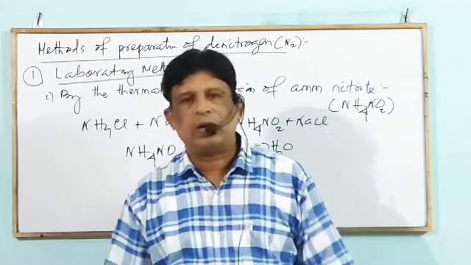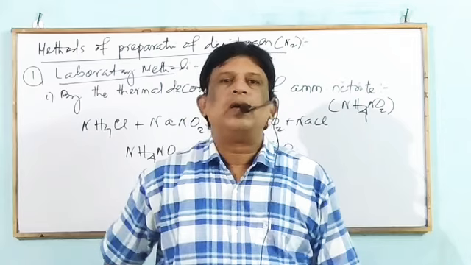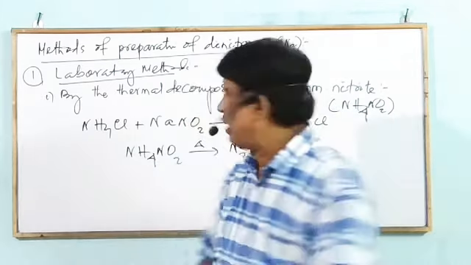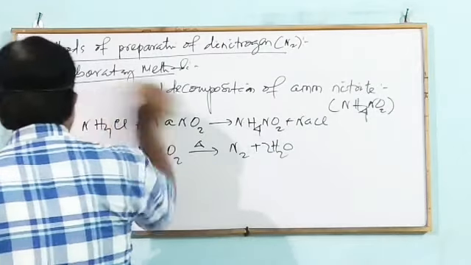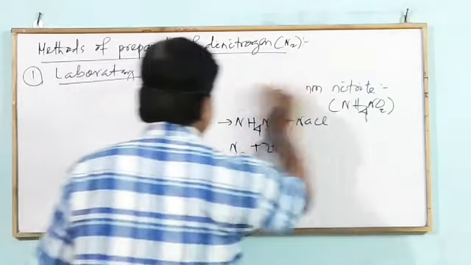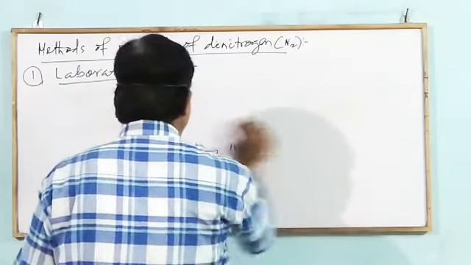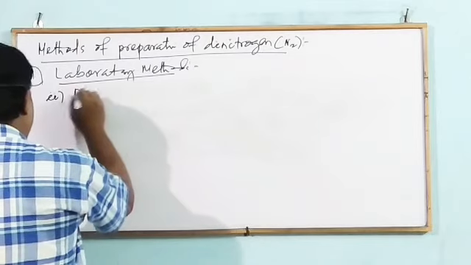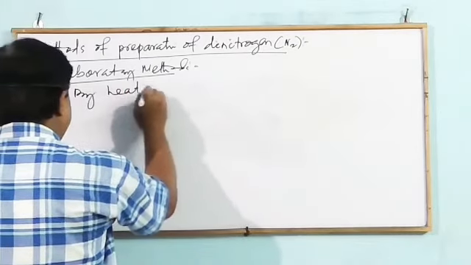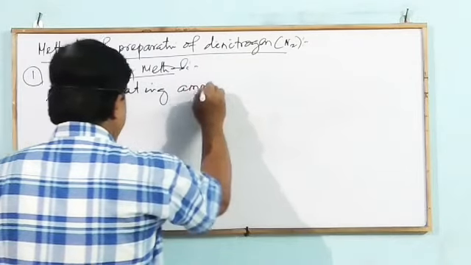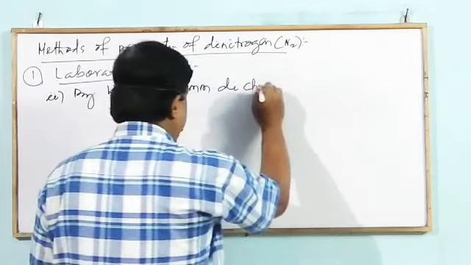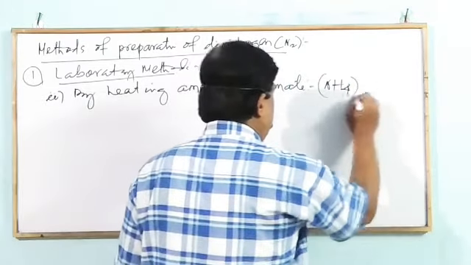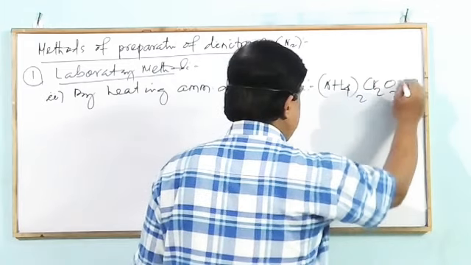In the laboratory, a second method also exists: the thermal decomposition by heating ammonium dichromate. Mark that. Second method: by heating ammonium dichromate, formula (NH4)2Cr2O7.